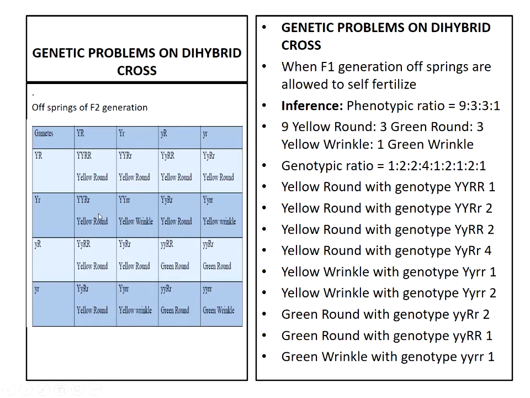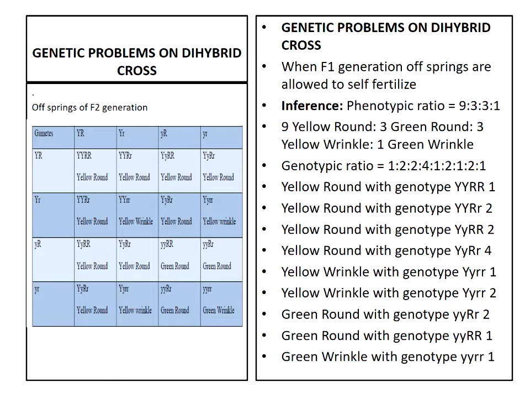Yellow round. Next, the yellow round with the genotype capital Y, small y, and capital R, capital R. The number is 2. Here it's 1 and the second one is here. These are the 2.